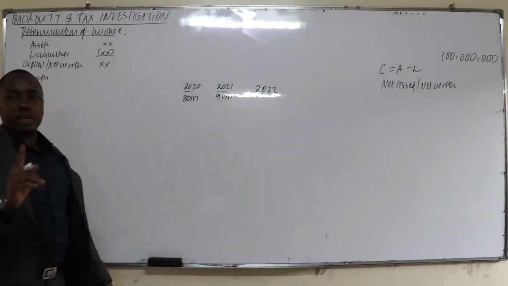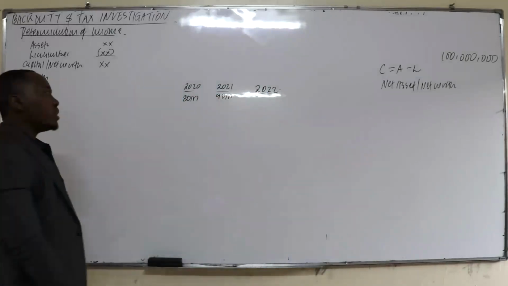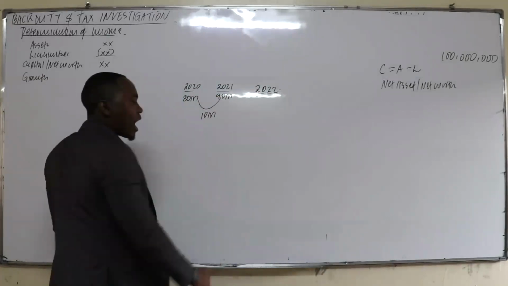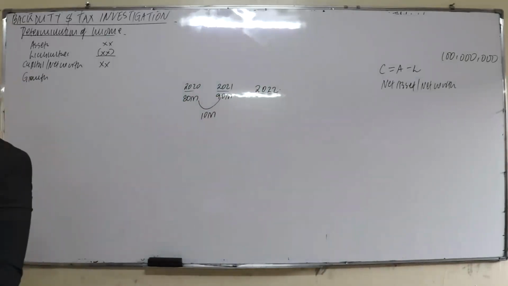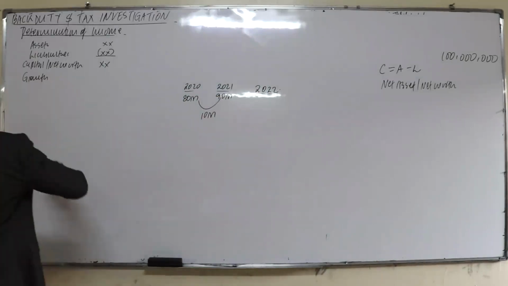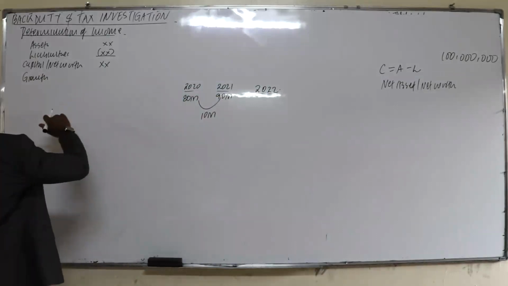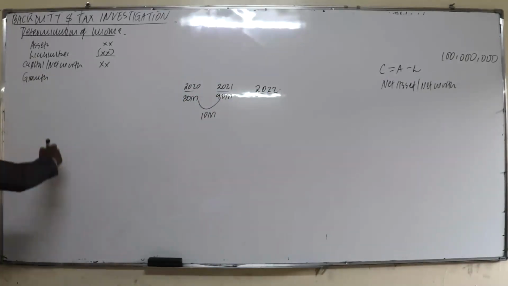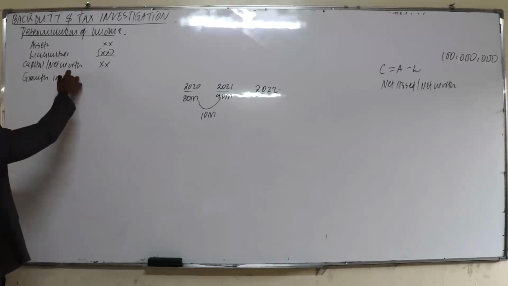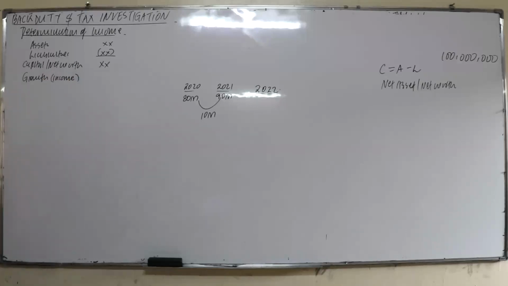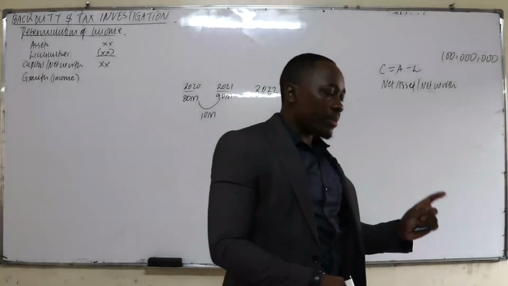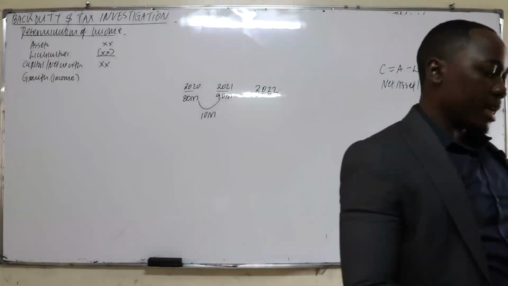That means within 1 year, you generated a wealth of 10 million. This 10 million, how much do you pay as tax? That's what the tax department is concerned about. So you determine the growth, that's the fourth step. Once you determine the growth or the changes, that becomes your income. And that's what they now assess to determine whether you filed the correct tax.